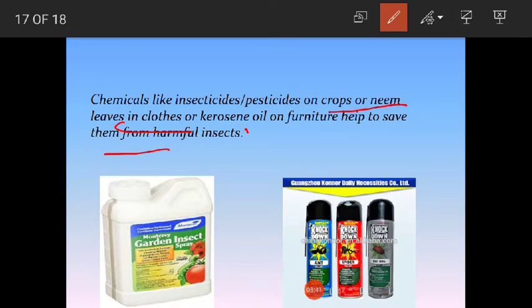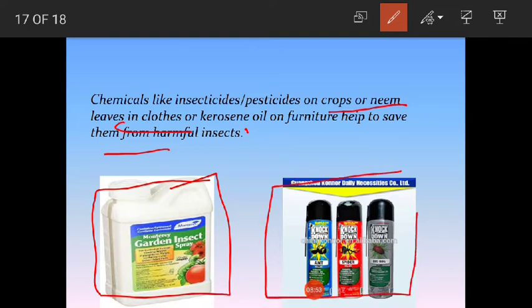So there are different kinds of pesticides or insecticides available in the market for crop protection, and there are different kinds of chemical sprays which help in killing the insects. Kerosene oil is also used on furniture, and neem leaves can also be used to protect from the insects.